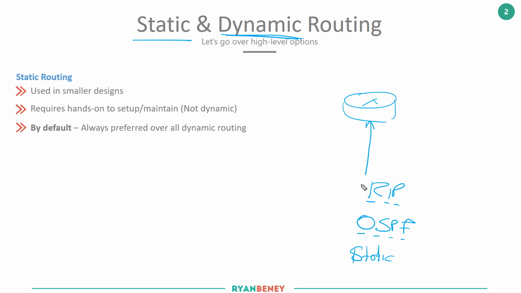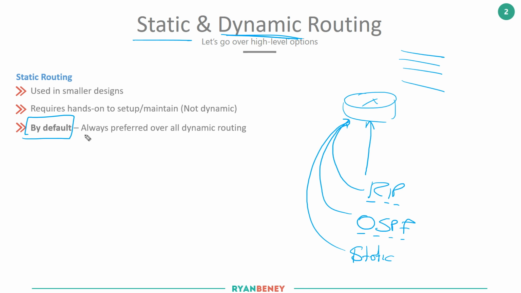If it has all of these processes learning all different routes, all of them are presented to the router, and the router makes a decision based on a set of rules, and those rules can be determined and changed by administrators. However, by default, it's always going to prefer a static route over a dynamic route. And when I say that, I say it with a clause, because like most things in networking, there's always an if and a but.